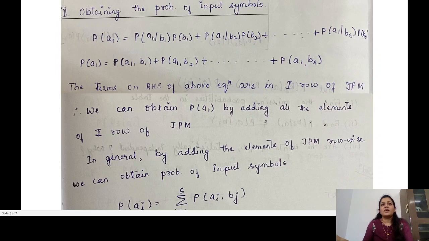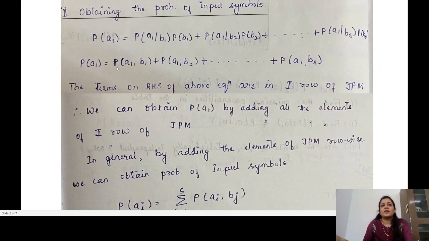I can see that here A1 is constant throughout the expression, but in the first term we have B1, in the second term we have B2 and in the last term we have BS. So I can rewrite this product as P of A1 B1, the second product as P of A1 B2, and similarly this last term I can rewrite as P of A1 BS.